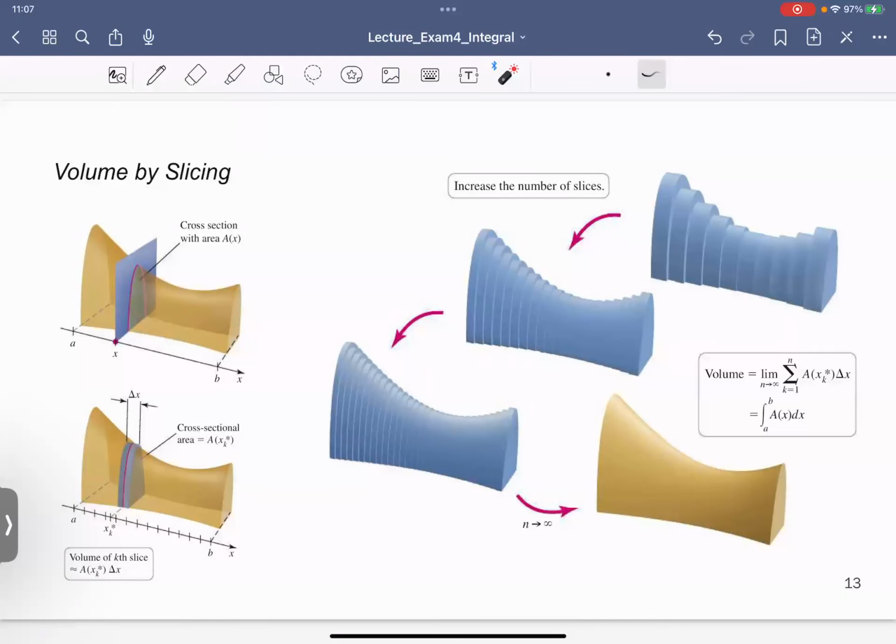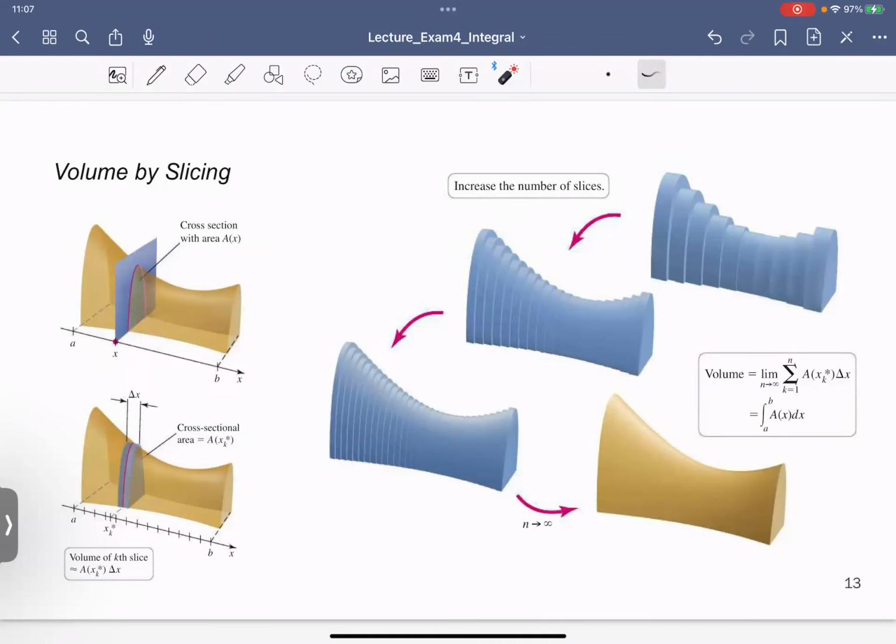This is a good case because in order to find the volume of the solid, you can just find the area of one slice first, and then integrate from A to B. That's going to be the volume, right?